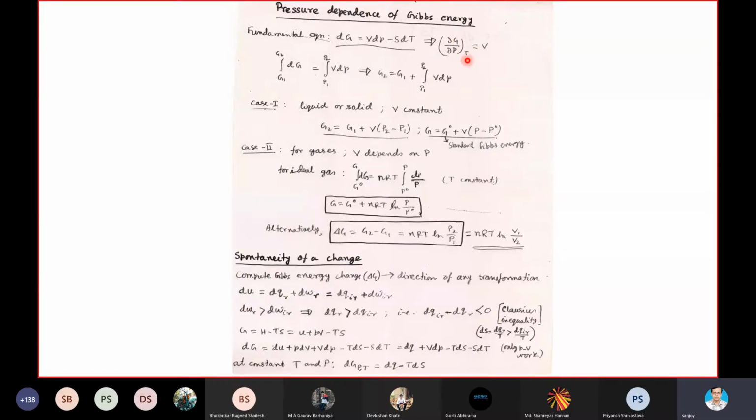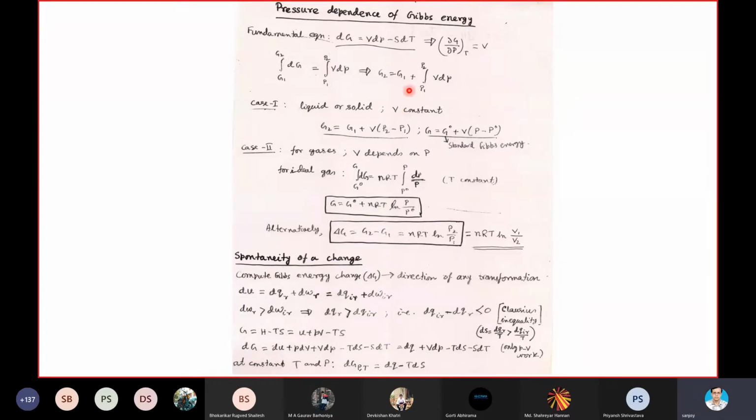So I can use this expression to compute the Gibbs energy at a particular pressure given the Gibbs energy at another pressure. I can write it simply: dG equals VdP, and if I integrate from state 1 to state 2, with pressure going from P1 to P2, I get G2 equal to G1 plus this term.